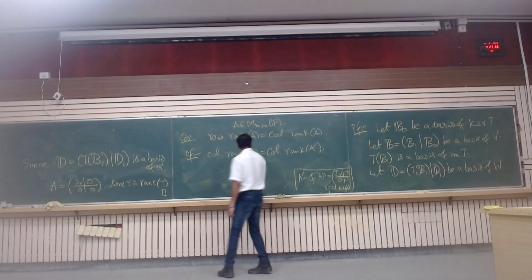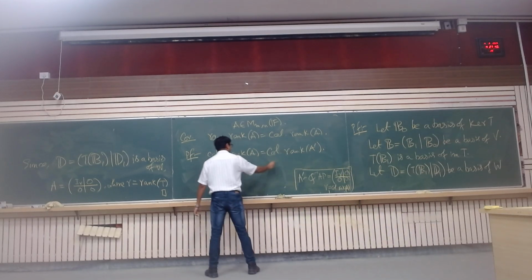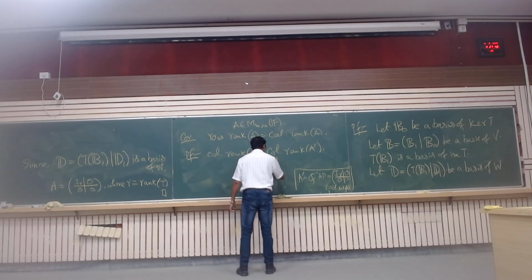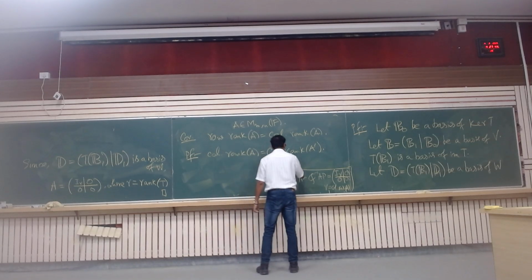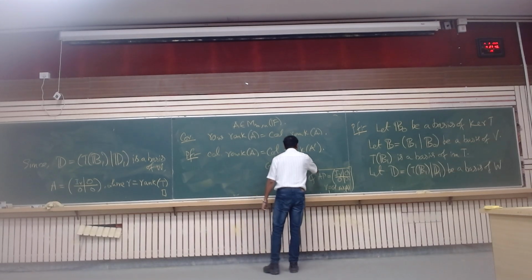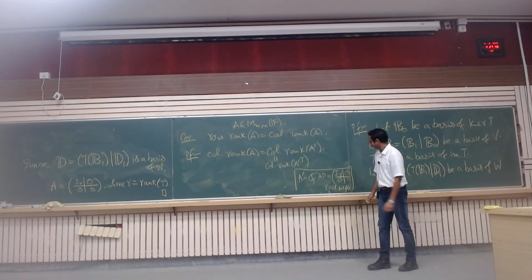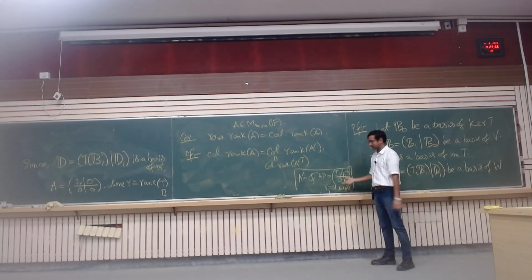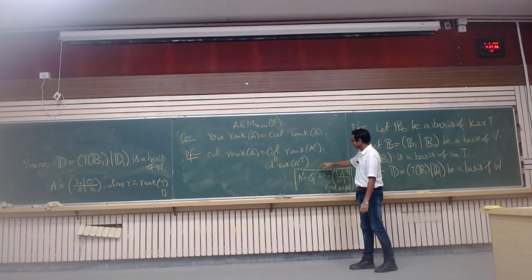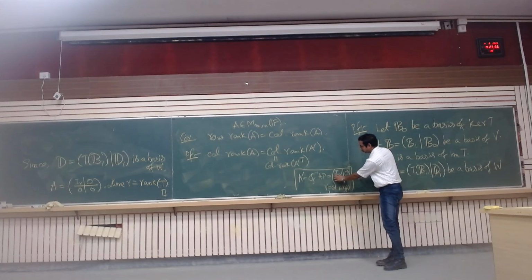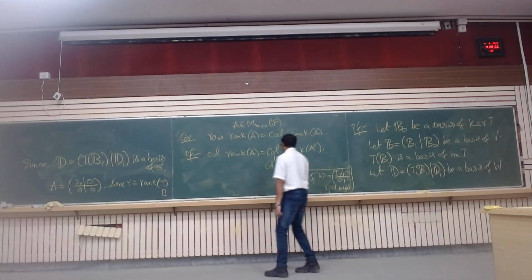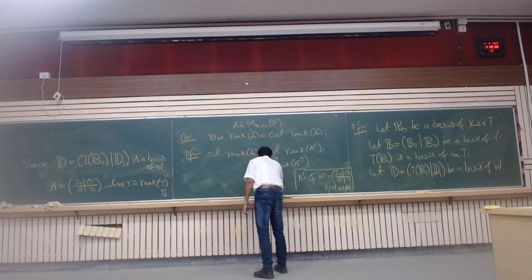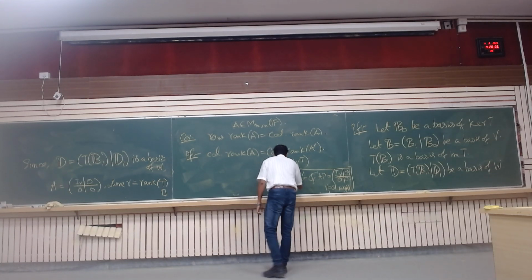Now note that that is equal to the column rank of A dash transpose, right? This is I_R. So if you take the transpose, here you still get I_R, right? So column rank of A dash is equal to column rank of this one transposed, okay? And that is equal to the column rank of A transpose.